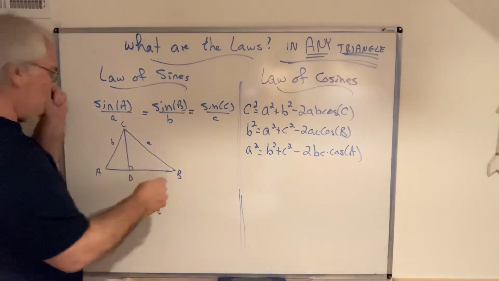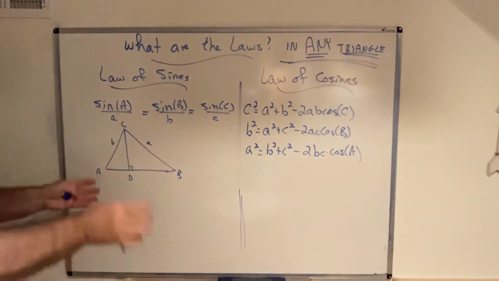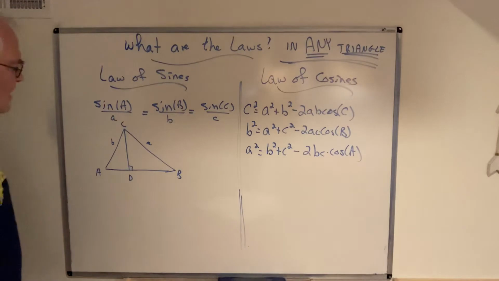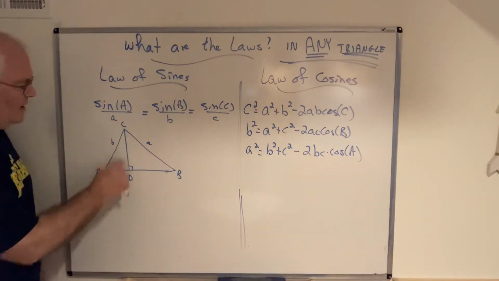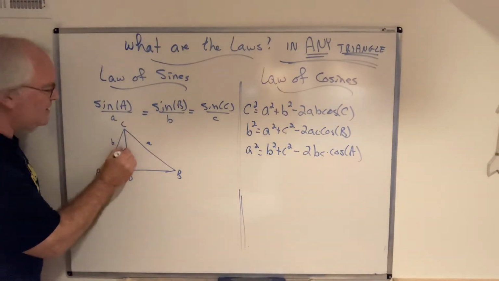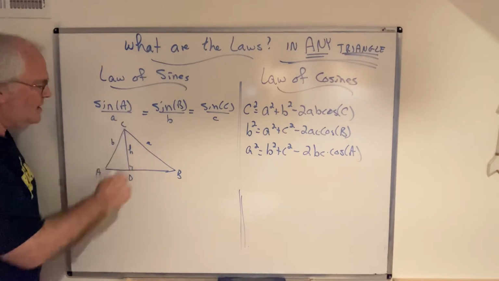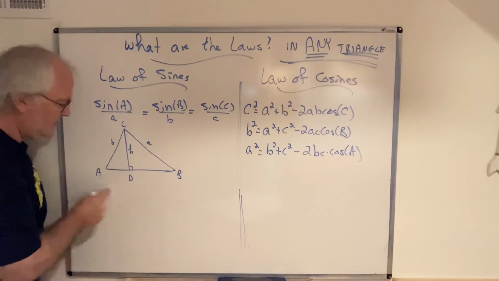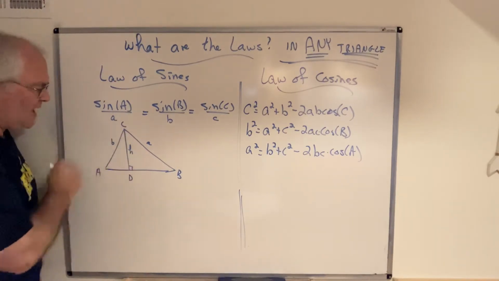And this is true even if the triangle is obtuse or a right triangle. No matter what the orientation, this is going to be a true statement. Drop a perpendicular. Call this distance H. It's the height of the triangle. If we were trying to find the area, it would be 1/2 the base times the height. This would be H, the height.